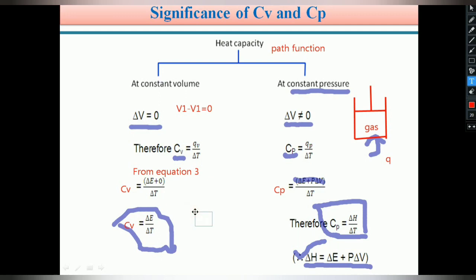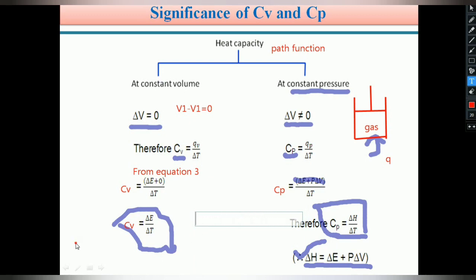So students, based on these relations, I can derive a definition for Cv. Heat capacity at constant volume is the increase in the internal energy. Here I write it for our convenience.